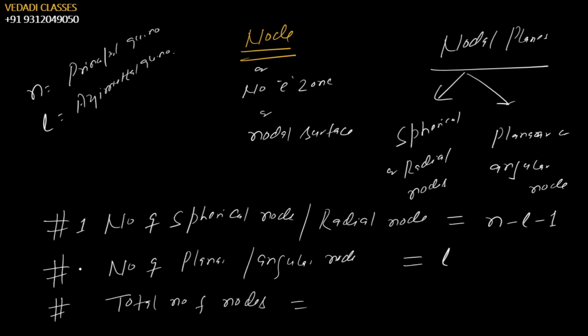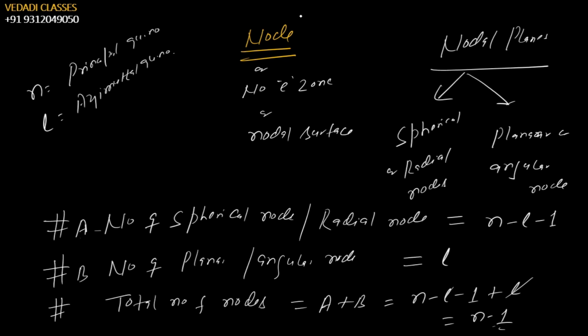Suppose this is A and this is B, so the total is A plus B. A is n minus L minus 1, plus B is L. So L cancels, and it becomes n minus 1. So you can find the total number of nodes just like this.